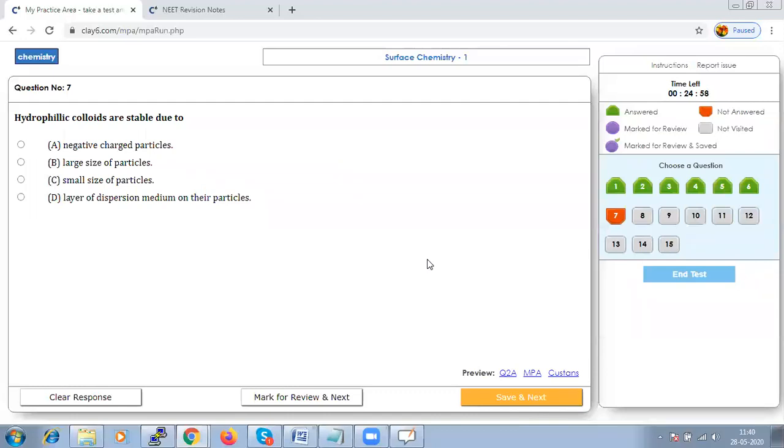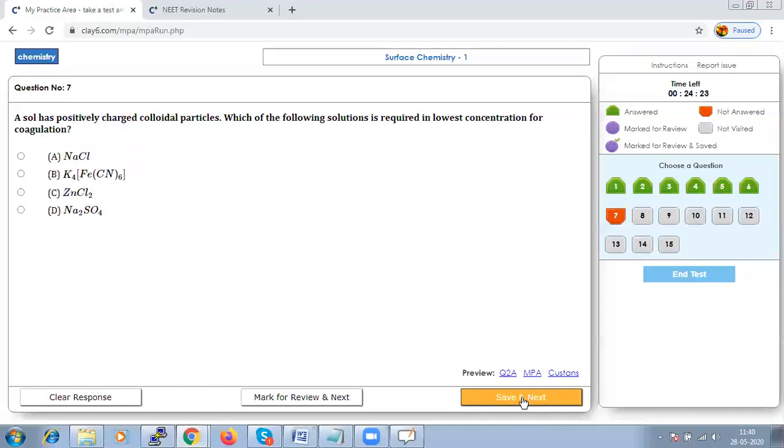Stability will get disturbed by aggregation and sedimentation phenomena, which are actually driven by the colloid's tendency to reduce the surface area. Hence, hydrophilic colloids are stable because of the layer of dispersion medium on their particles. Hence, our option D should be right. Let us save that and go to next.